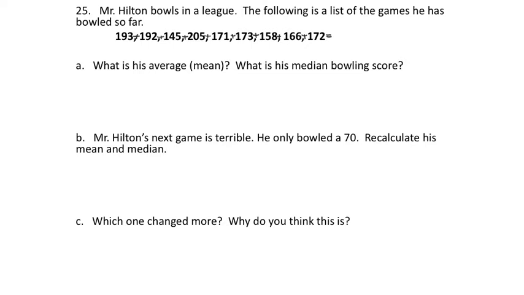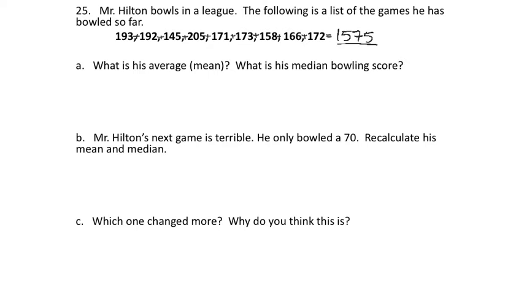So 193 plus 192 plus 145 plus 205 plus 171 plus 173 plus 158 plus 166 plus 172. Enter. And if I've done this correct, then the sum of these values, I got 1,575.